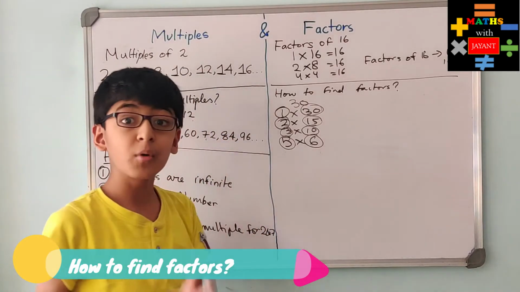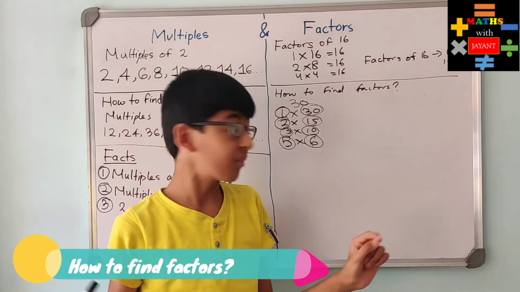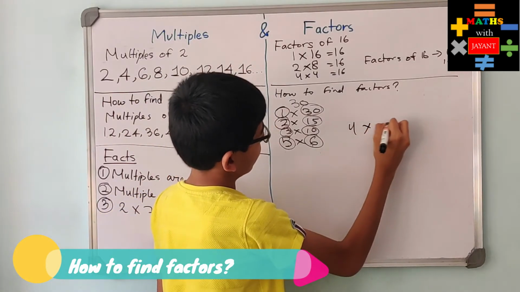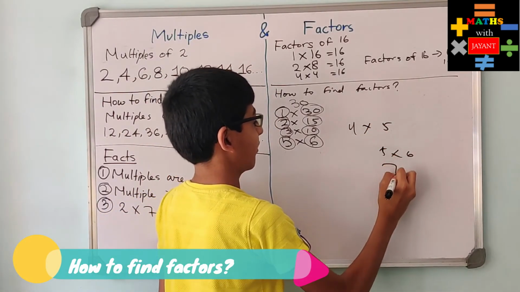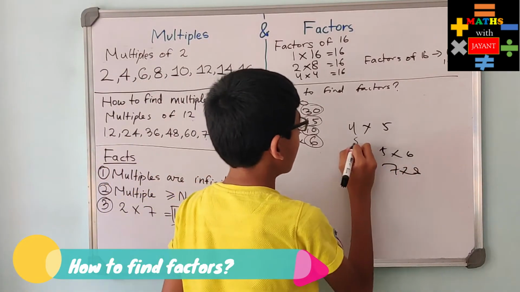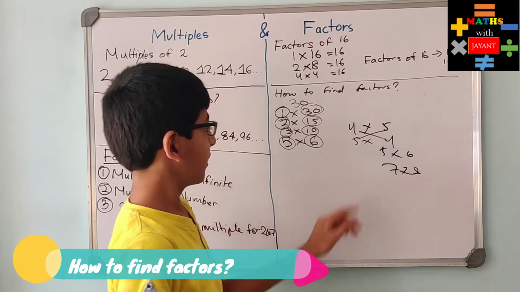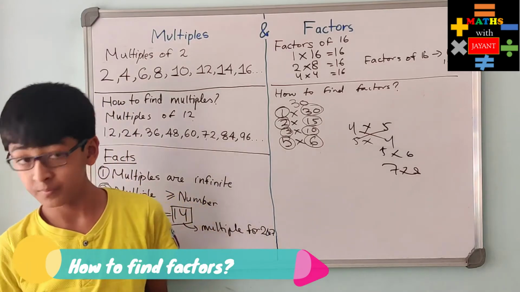If there is one more point where these two numbers are one after another, like 4 into 5 or 5 into 6 or 7 into 8, at this point also you can stop, because the next number is going to be that number itself, and it's already written.